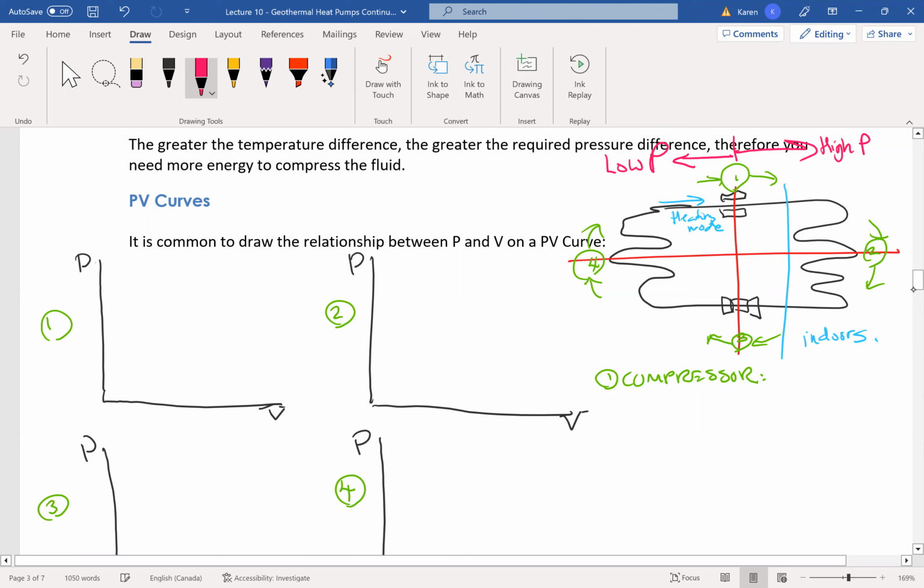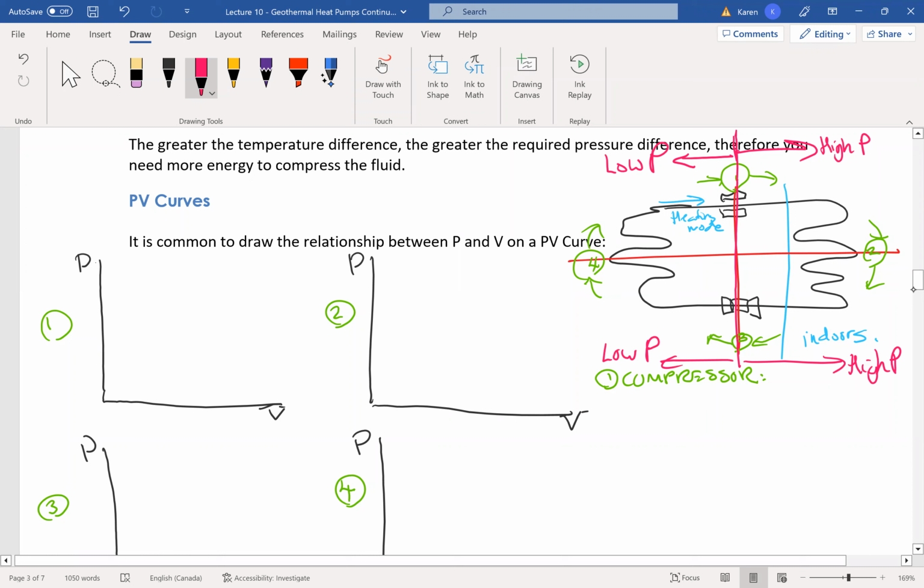So there's not a compressor, there's not an expansion valve, there's nothing else that changes the volume. Therefore, we can say that this entire line is a high pressure and low pressure line, right?